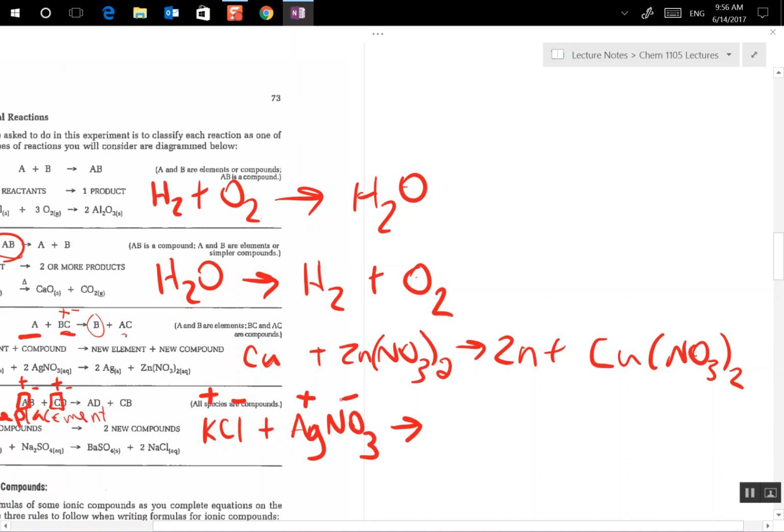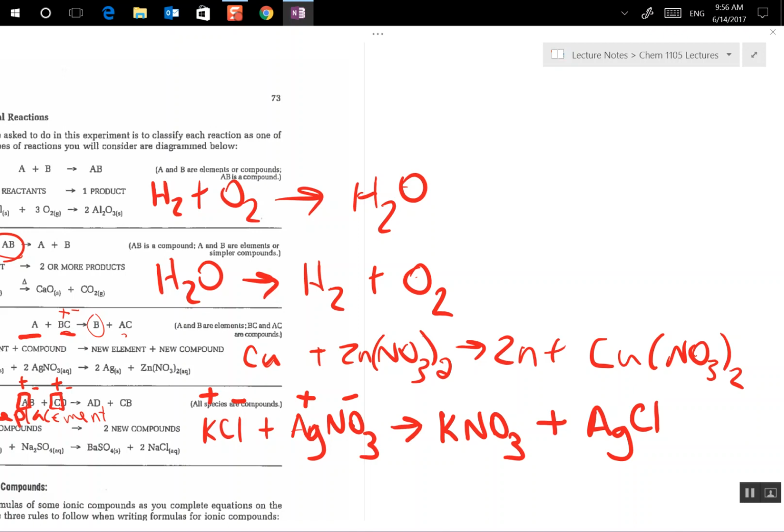Those are my cations and anions, and they are going to change places. So I'm going to get KNO3, potassium nitrate, plus silver chloride. When they change places, that's what they're going to form. So we would say that is a double displacement or double replacement reaction, or an exchange reaction.